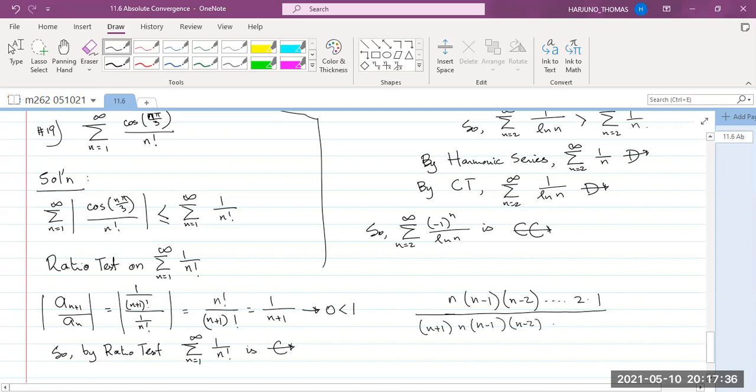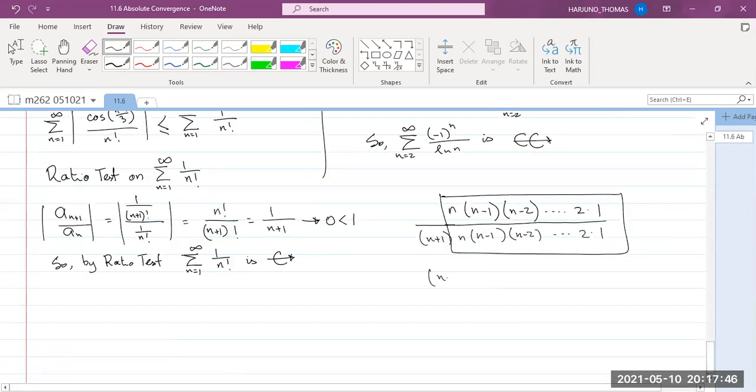You see that? That's why this part cancels. You can also think this way: n plus 1 factorial is actually n plus 1 times n factorial. For example, 7 factorial is 7 times 6 factorial. Do you see that?